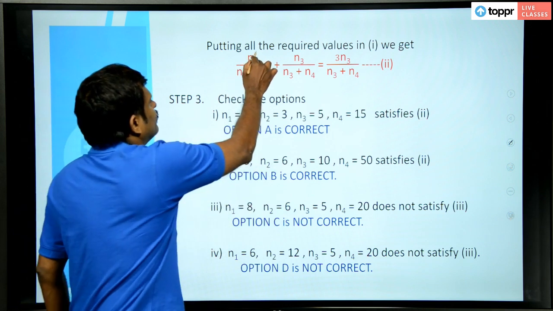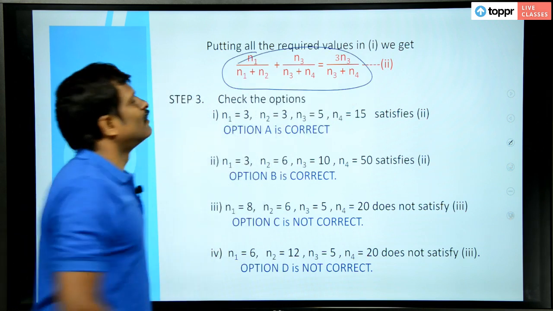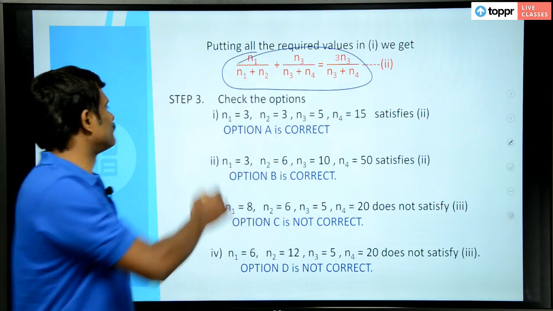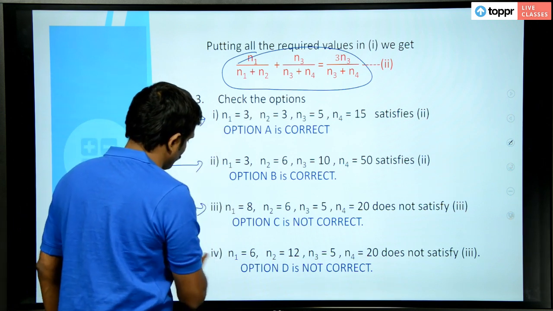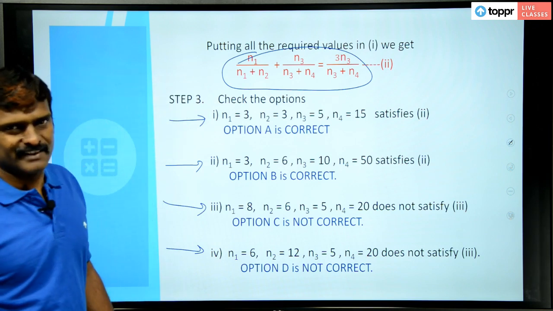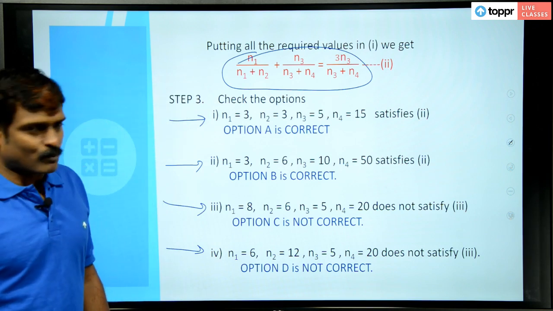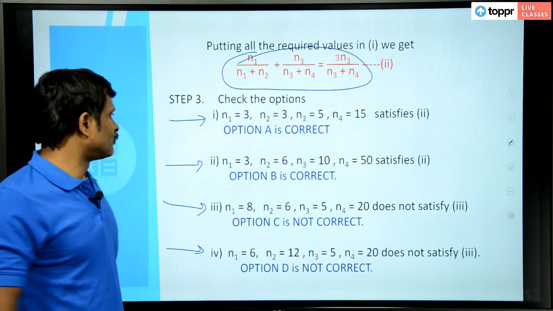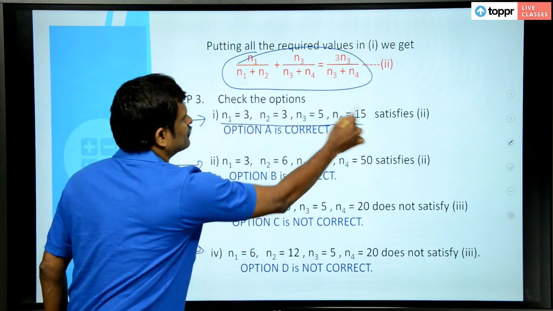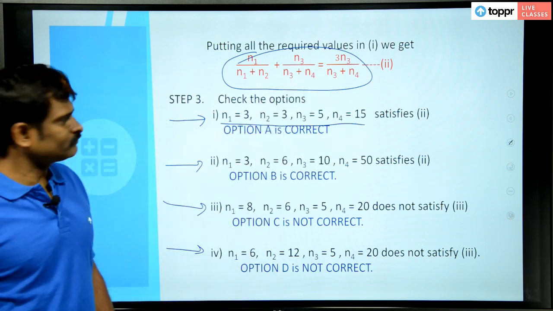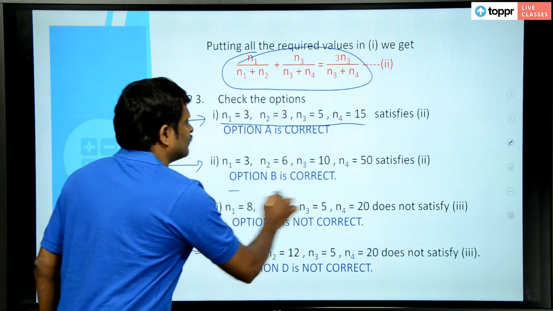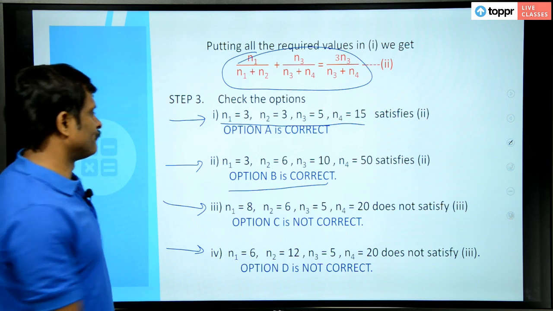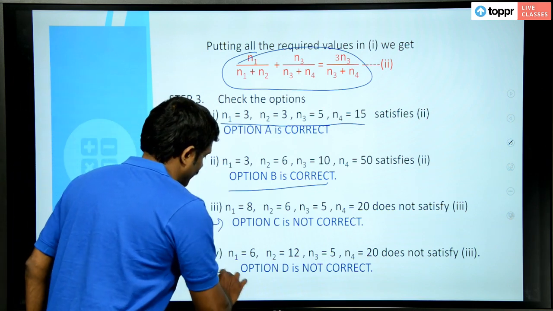Now, after knowing this, we just substitute and check all the options. Whichever options satisfy this equation will be your response. You can substitute and simplify it and see, I am not going to do that. This option is satisfied, but these two did not satisfy when I calculated.